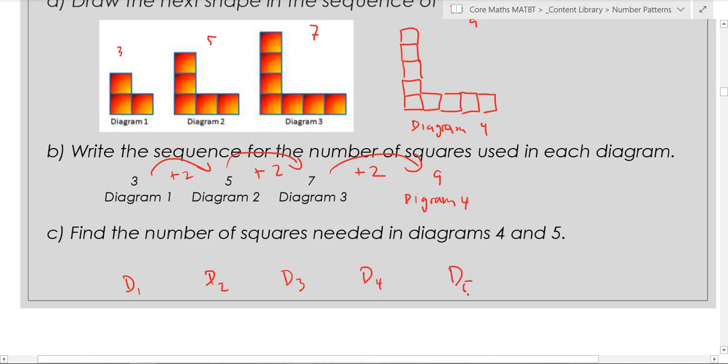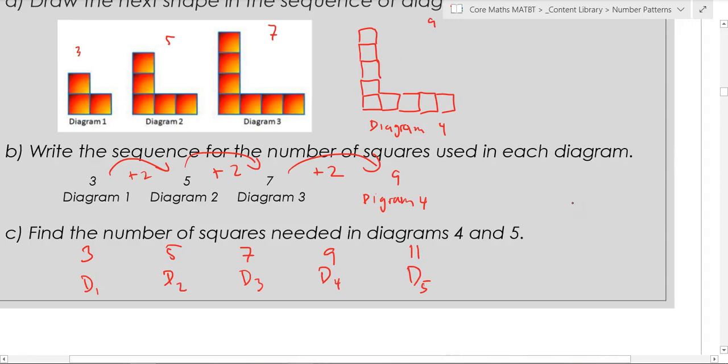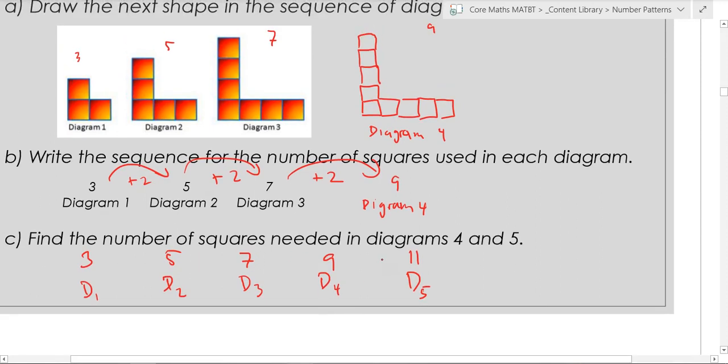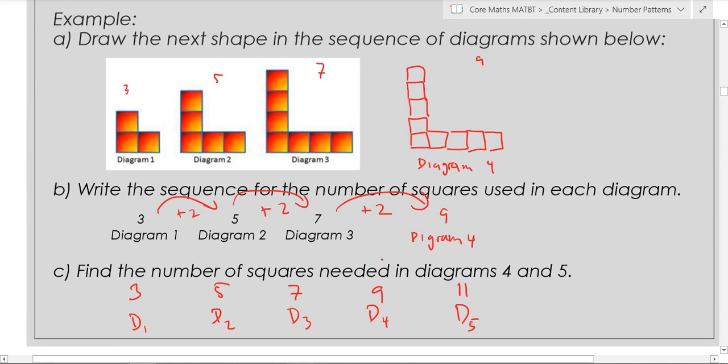So you remember in the sequence, diagram 1 was 3, diagram 2 was 5, diagram 3 was 7, diagram 4 was 9. Therefore, if we're adding 2 to get the next term, diagram 5 should be 11. Okay, so that means diagram 4 and diagram 5 are 9 and 11 respectively, because we're adding 2 blocks each time to get the next diagram.